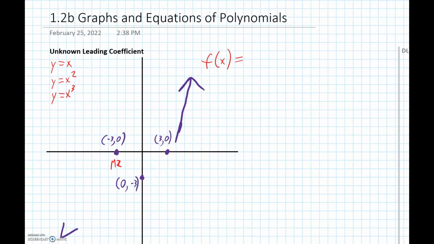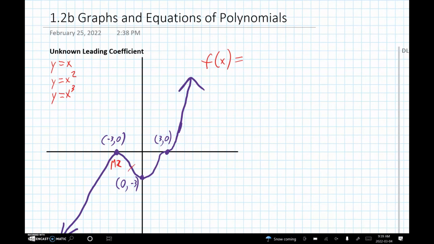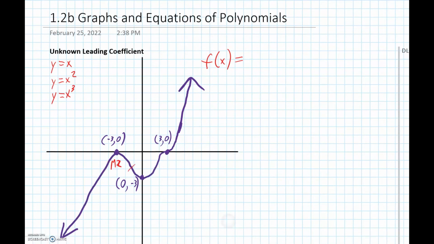But if you look at this other point, it's a multiplicity of 3, because again, from here to here, it looks like a cubic function. All right, so we know those two points.